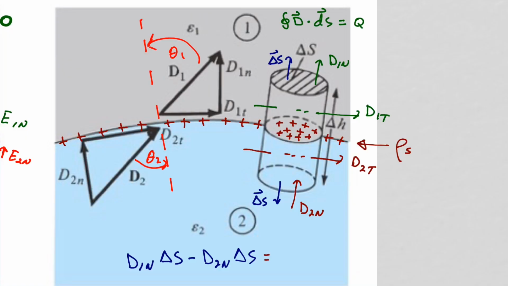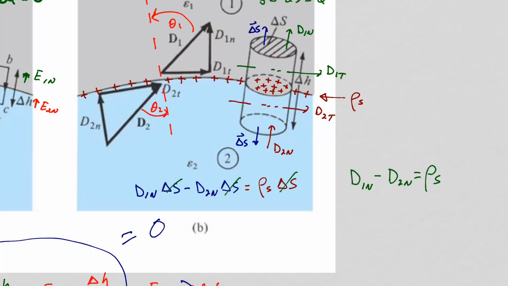We can divide both sides by delta S, and we get our boundary condition for the normal component of the electric flux density field, that D sub 1 normal minus D sub 2 normal is equal to the charge density on our interface.